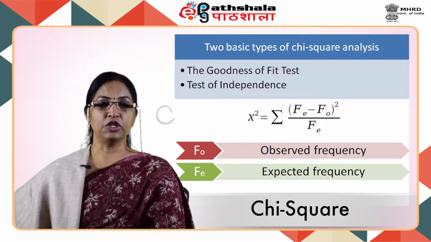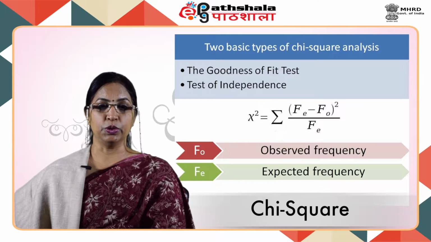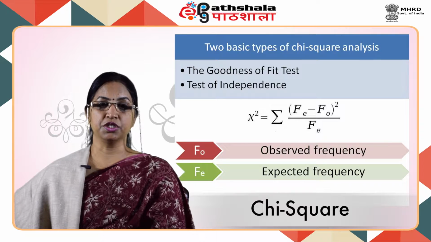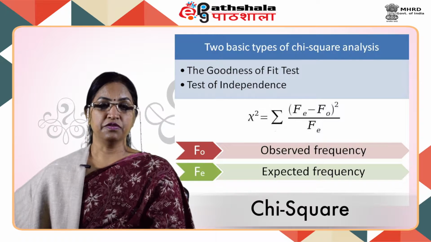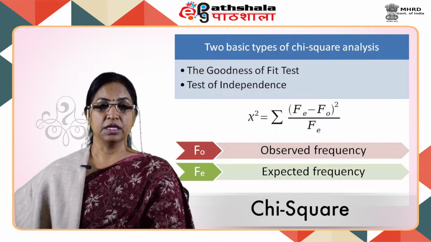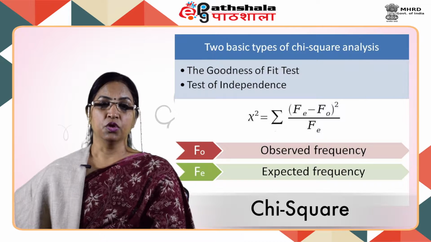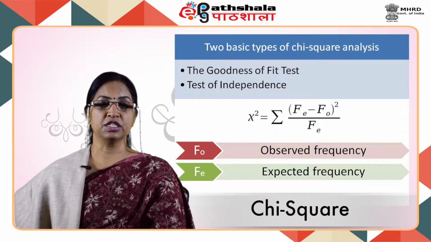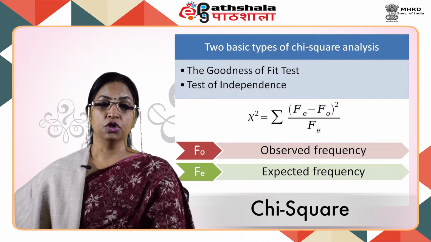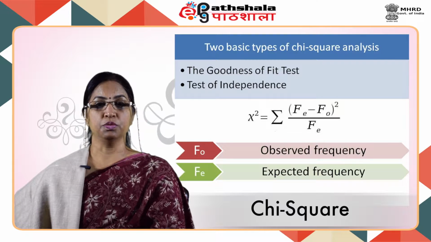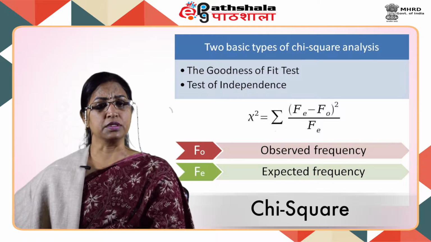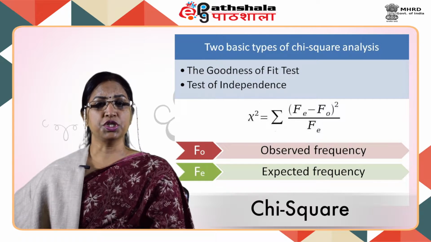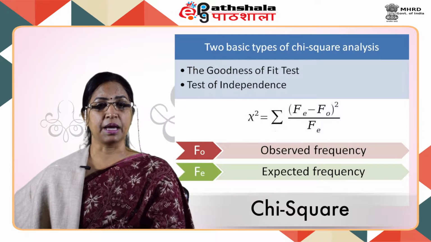The calculated value of chi-square can be evaluated with the appropriate degrees of freedom. df is equal to (r minus 1) times (c minus 1), where r stands for rows and c for columns in the data table, for the chi-square table to make inferences about the hypothesis. We shall explain this by taking up examples later.